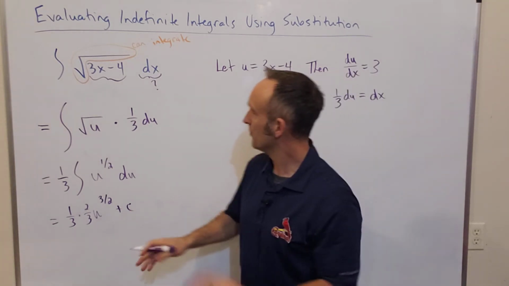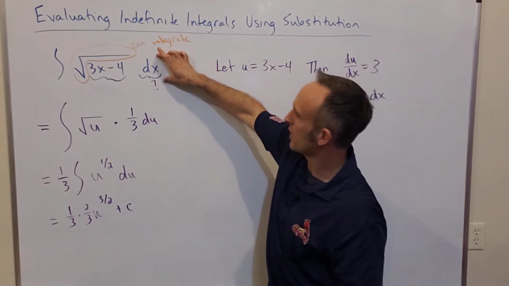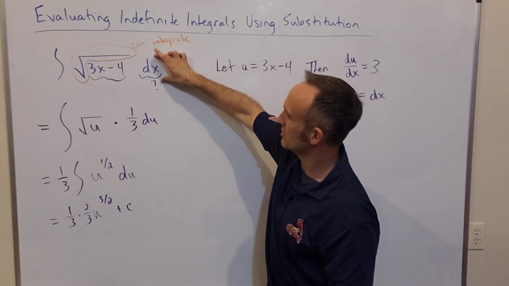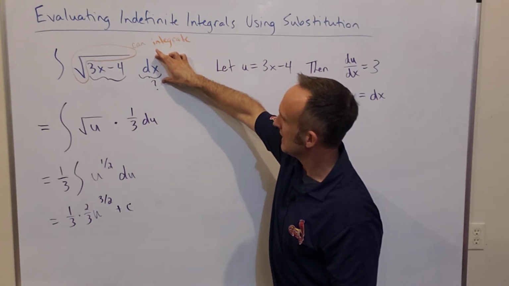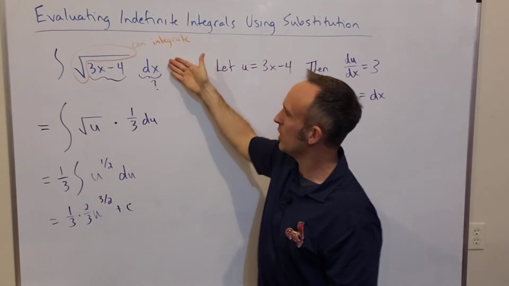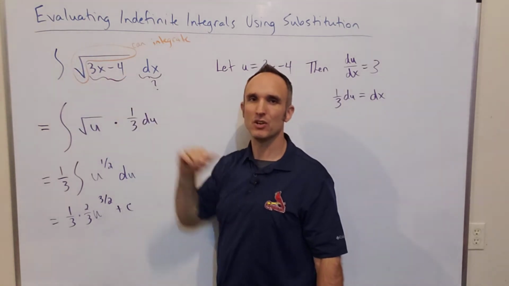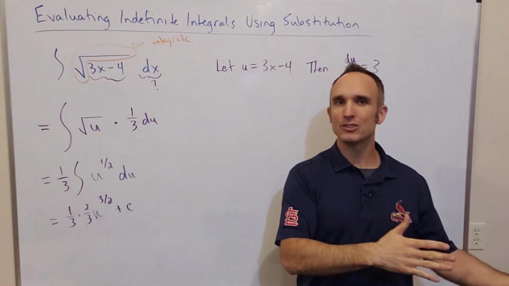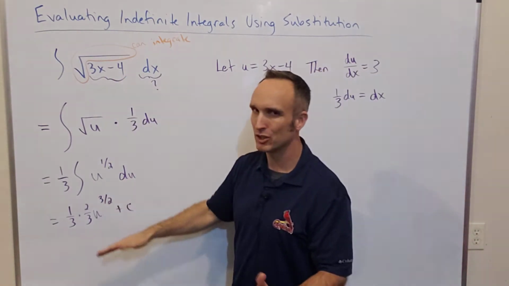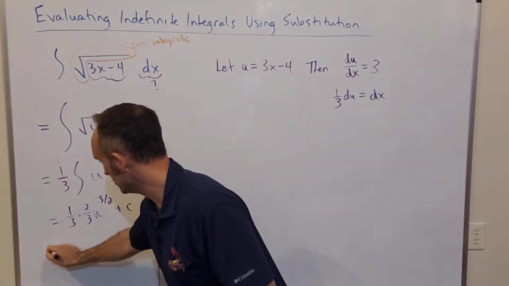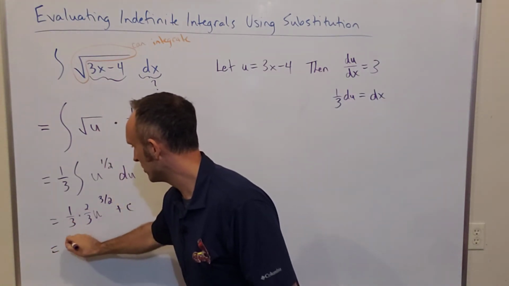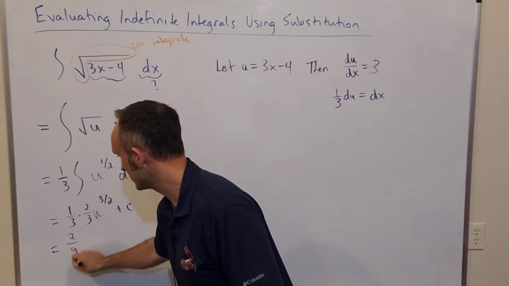And so now, when I'm looking at the original problem and I want to evaluate this integral, it's with respect to x. I want all of the antiderivatives of this function. So my final answer of this indefinite integral has to be back in terms of x. So what I'll do is multiply my 1/3 by my 2/3 to get 2/9.